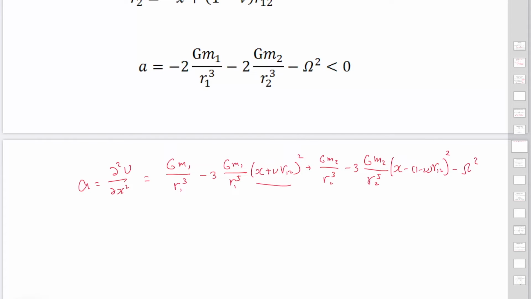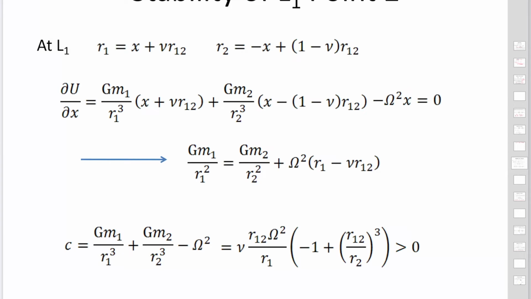Then this part is r sub 1, and this part becomes minus r sub 2. Then you could get this equation. Then a is negative. By the way, to calculate this, we use y and z equal to 0. Then we discovered a is a negative quantity.